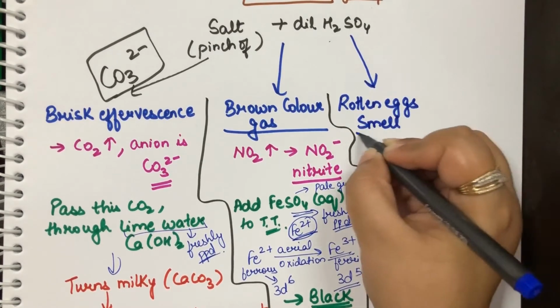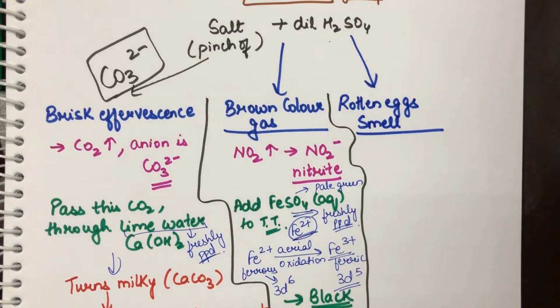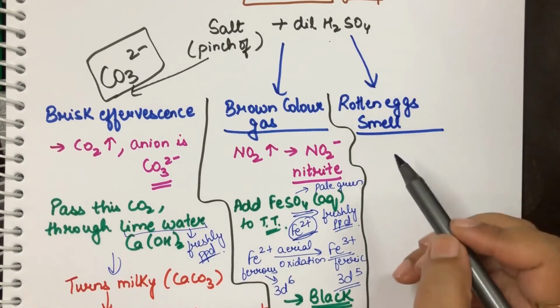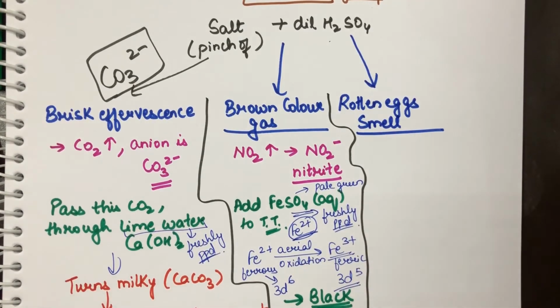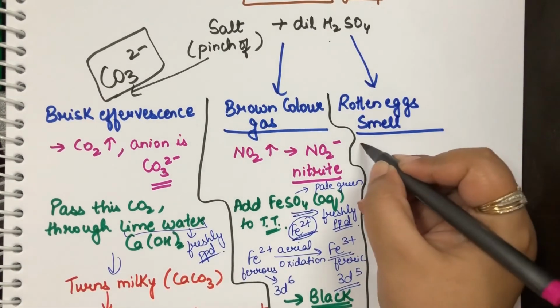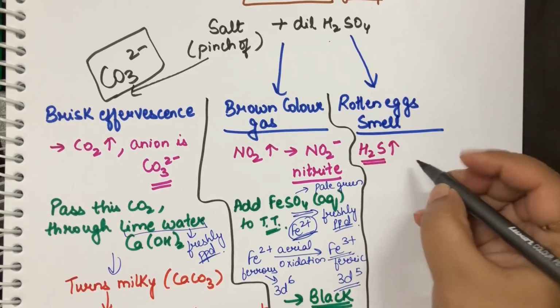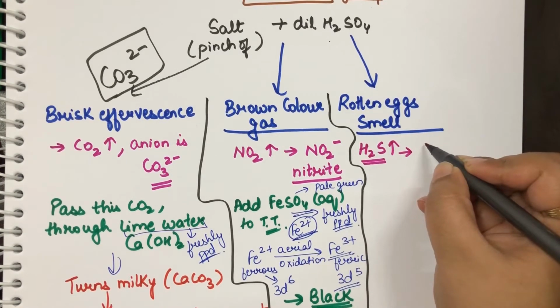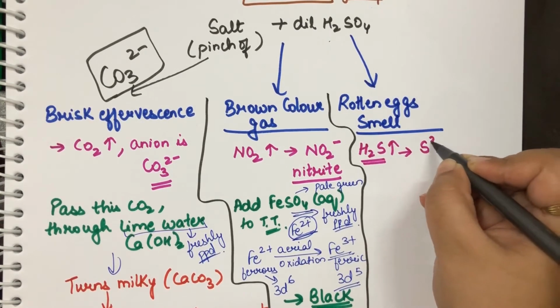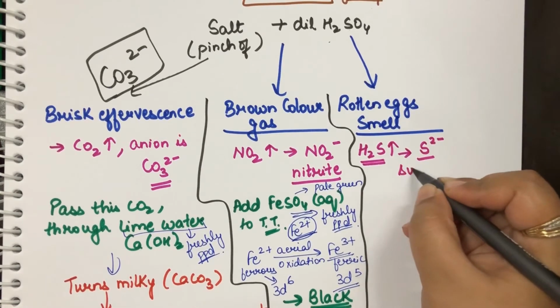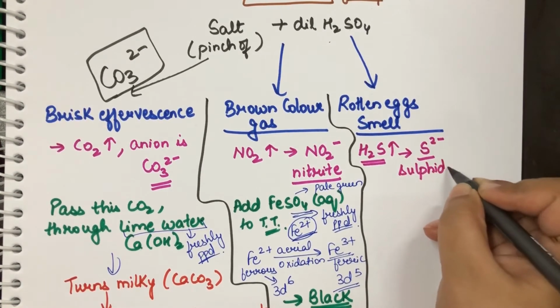It's a very bad smell. The moment you have this smell, you should know that this smell is due to H2S gas which is being released. And that means the anion present here is going to be S2-, which is sulfide ion.